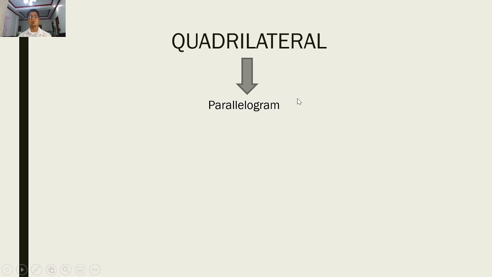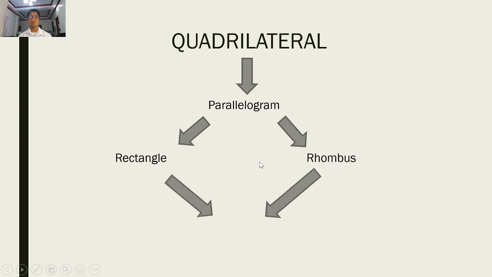If you can still recall the flow chart, the diagram that we have last week, under parallelogram, we have here now the rectangle, the rhombus, and sa ilalim nila, the square.